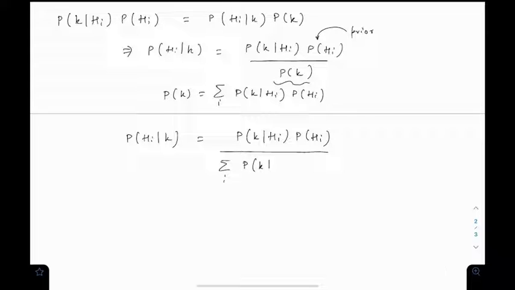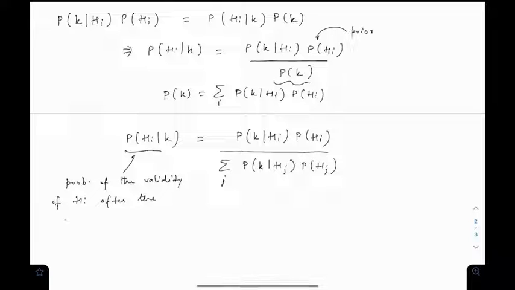Let's call it j to avoid confusion. So the probability of the validity of the hypothesis Hi after the measurement K is basically equal to the prior times the probability to observe K if Hi applies divided by a normalization factor.